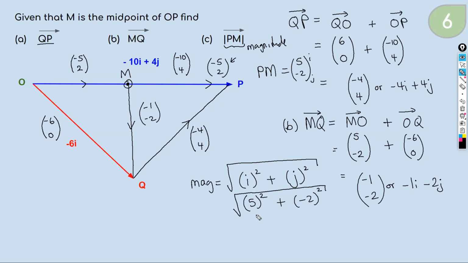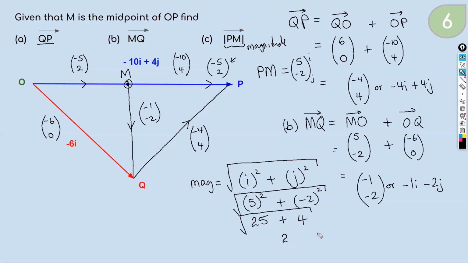So let's work this out. 5 squared is 25. And minus 2 squared. When you square anything in the world, you will get a positive number. Even if your calculator is showing you negative 4, it's supposed to be positive 4. That's why last week I told you to make sure and put it in brackets. So 25 plus 4 is 29.